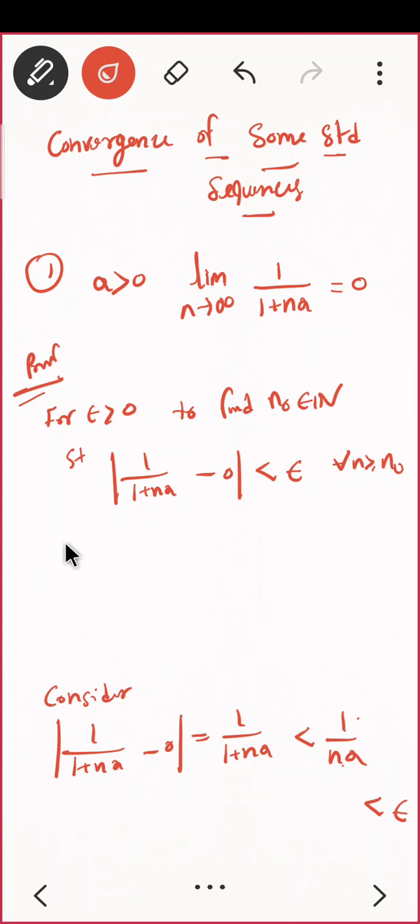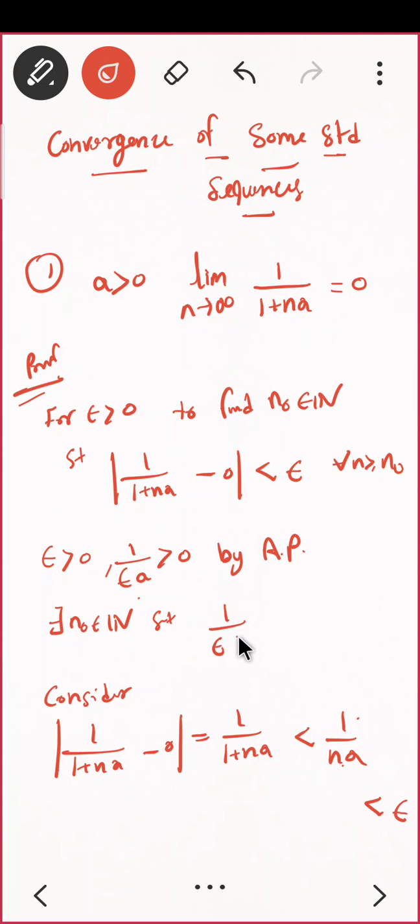So, can I use the Archimedean property? Epsilon is positive, so 1 upon epsilon is also positive. Do you agree? Can I use the Archimedean property on 1 upon epsilon? By the Archimedean property, there exists n naught belonging to the natural numbers such that 1 upon epsilon is less than n naught.